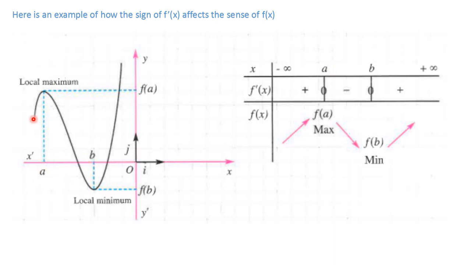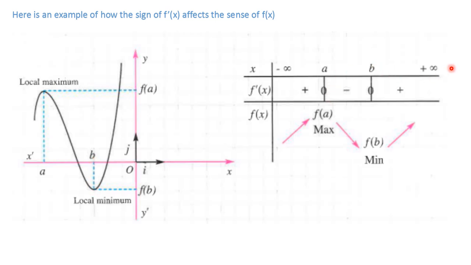What does that mean? It means the function is increasing. Between A and B, the derivative is negative, meaning the function is decreasing from its maximum to its minimum, B. Then from B to plus infinity, the derivative is positive, then the function is increasing again.